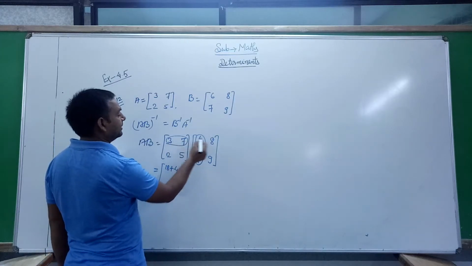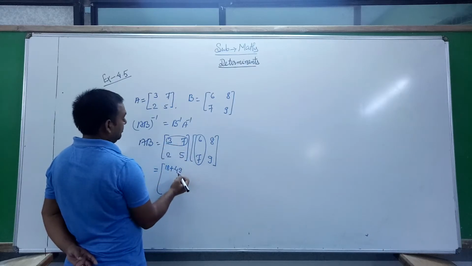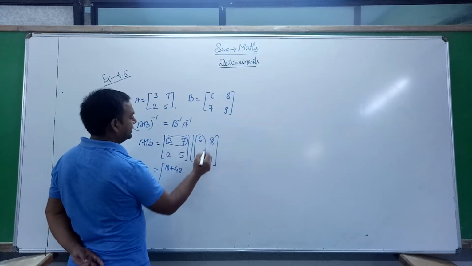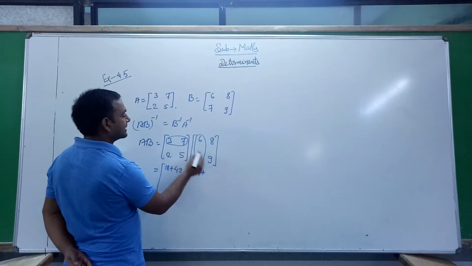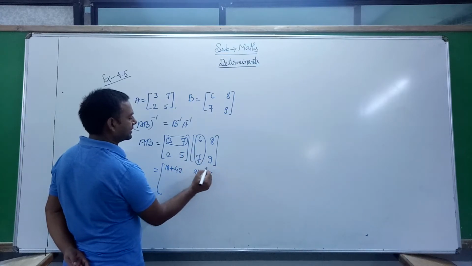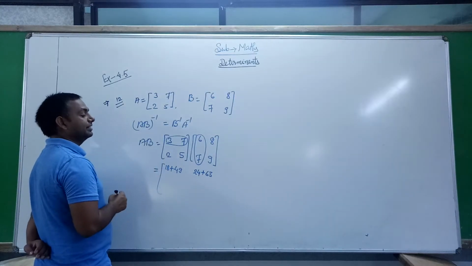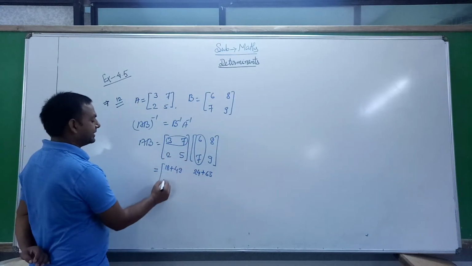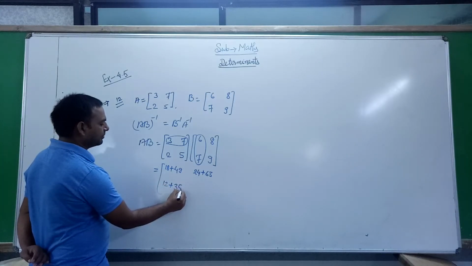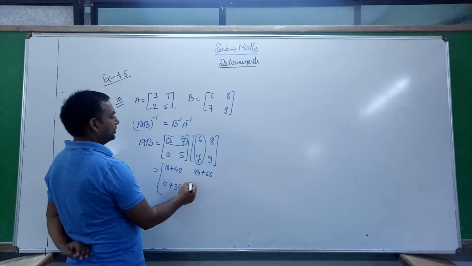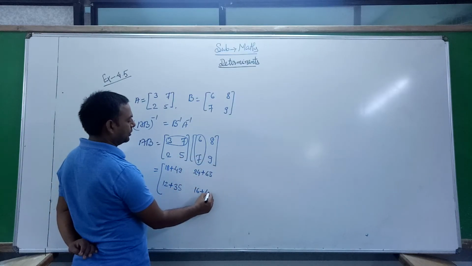Then another element, for the second column, first row: 3 8s are 24 plus 7 9s are 63. Next you take 2 6s are 12 plus 5 7s are 35. Next 2 8s are 16 plus 5 9s are 45.